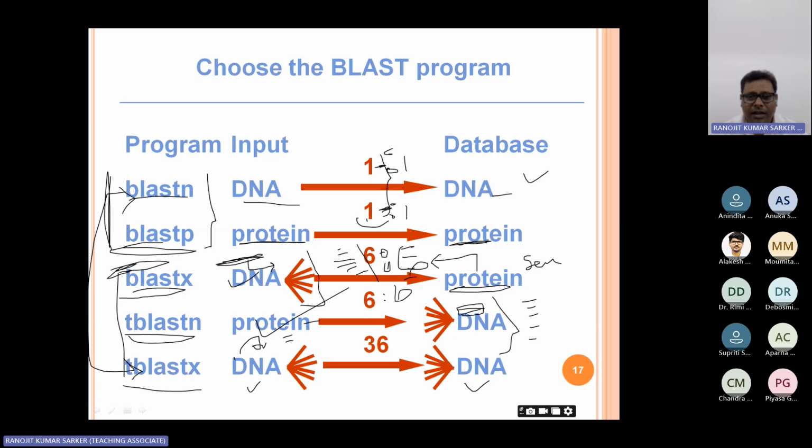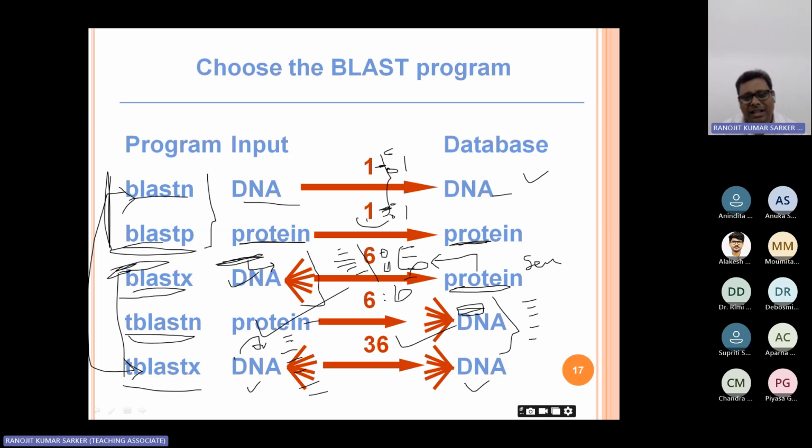That means you actually have protein sequences as input, and you have chosen the target database as DNA database. Again, similarly like BLAST N, the DNA database sequences are also translated in 6 reading frames. That means 6 into 6, the cardinality is 36.